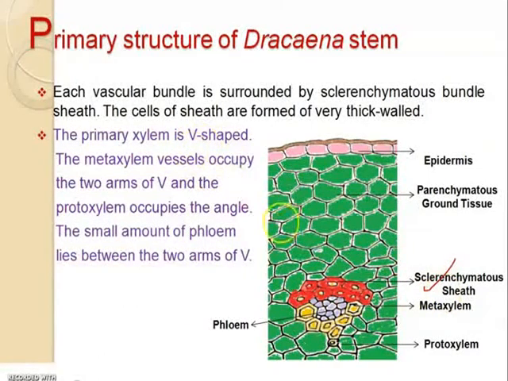Then the primary xylem is V-shaped. This is the V-shaped primary xylem.